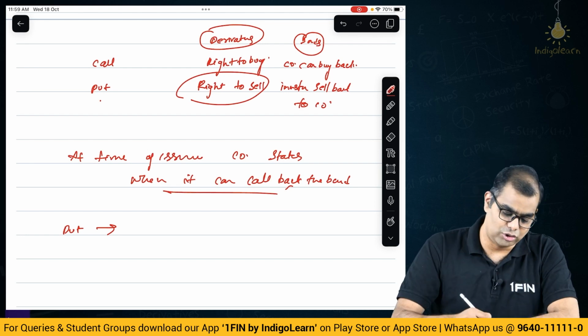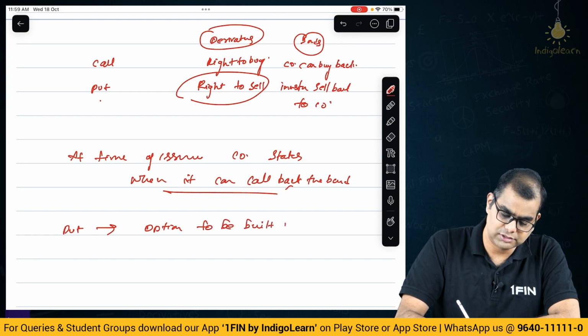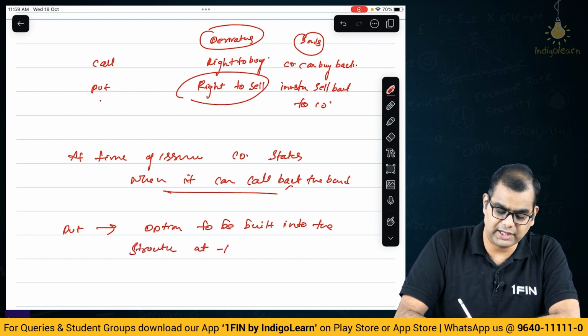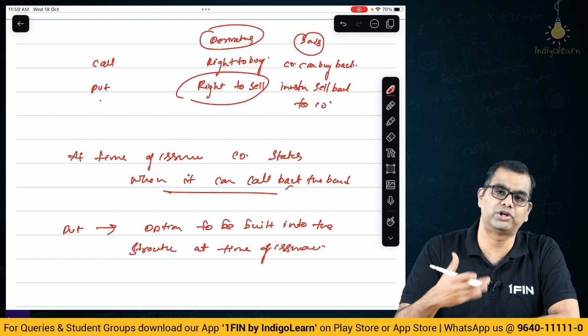But this option also has to be built into the structure at time of issuance. So, this cannot be random, anybody cannot say, today I am calling a bond, today I am putting a bond and all that.